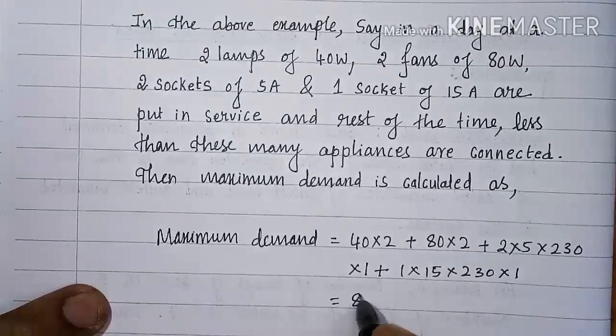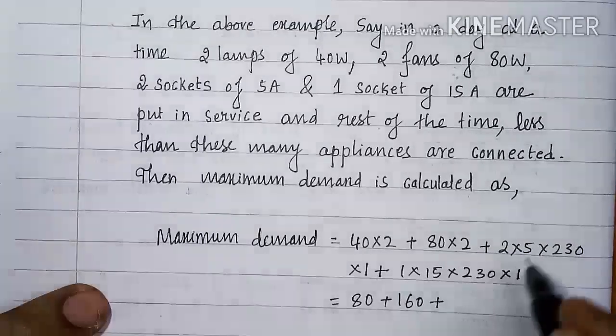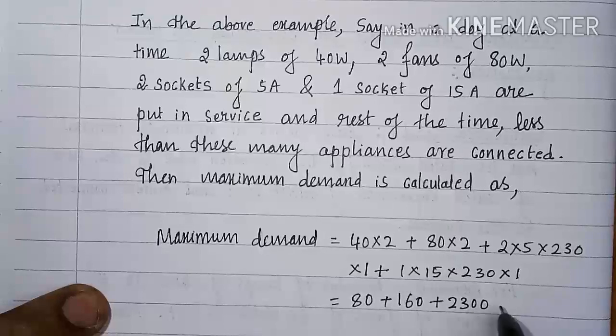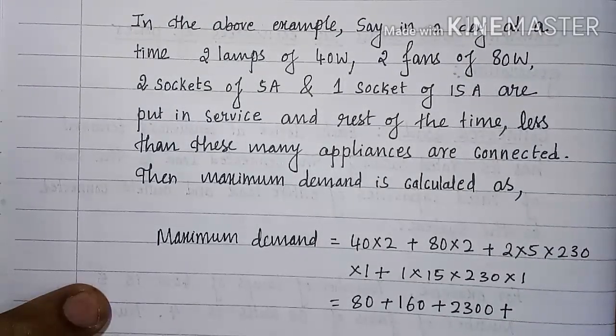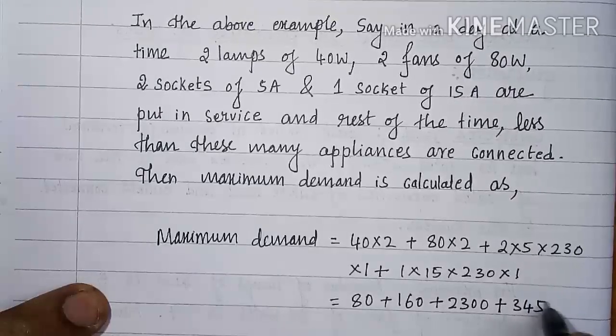Forty into 2 is 80, 80 into 2 is 160, 230 into 10 is 2300, plus 15 into 230 is 3450.